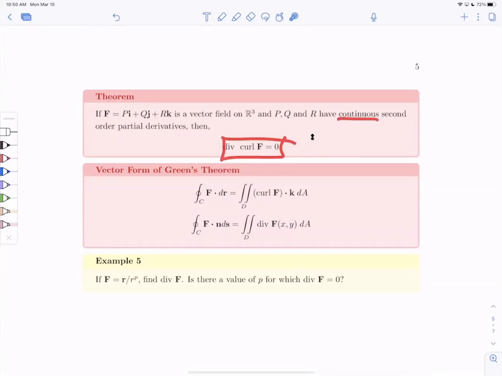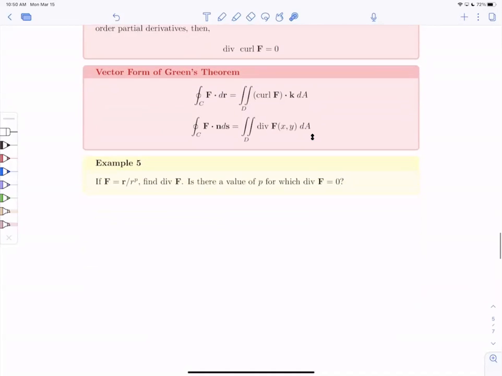This is second order, the previous one is first order. This is really important, the vector form of Green's theorem. Make sure you know both of them. This is a normal vector. Anyway, let's try example 5.